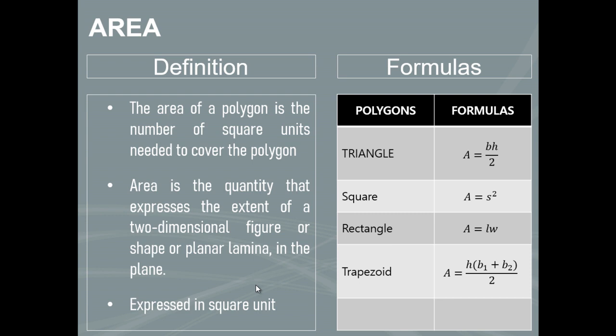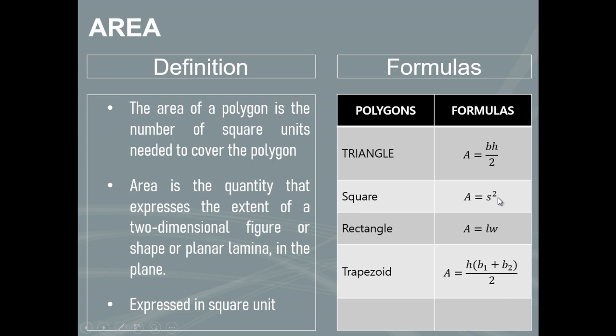Okay. Now, for the triangle, I will just flash it but we will not be solving anything about that. Square and rectangle only. So the area of a triangle will be A equals B times H, where A represents area, B stands for base, H stands for height. So base times height divided by 2. For square, it will be A equals S squared.